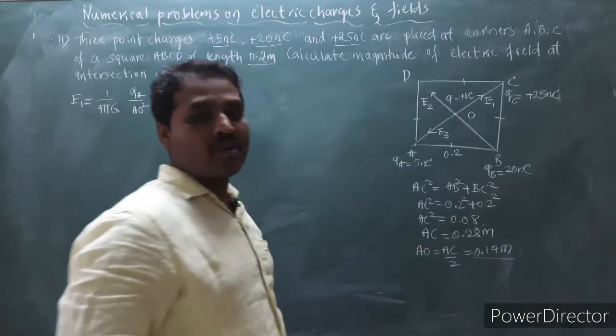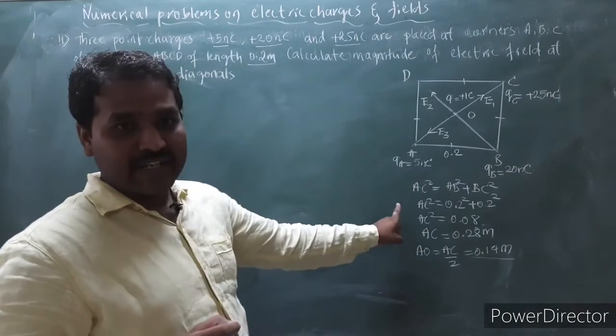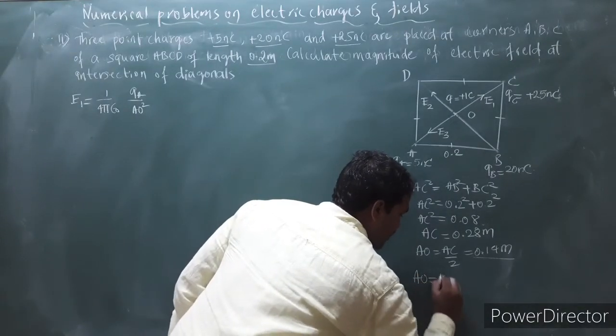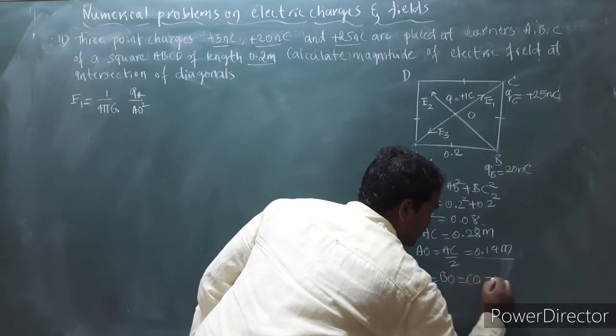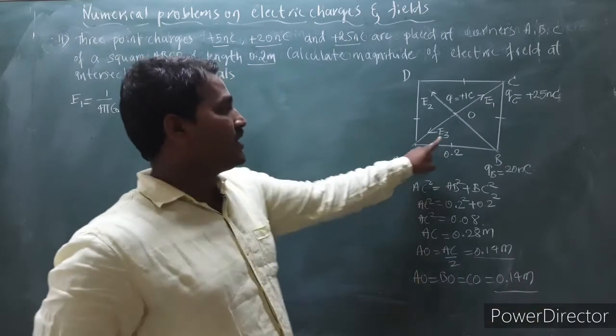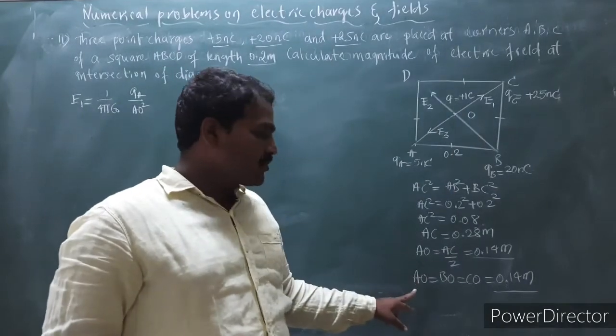A similar problem we solved yesterday in the case of electric forces. I can simply write AO is equal to BO is equal to CO is equal to 0.14 meter. While calculating E1, E2 and E3, I can directly substitute these values.